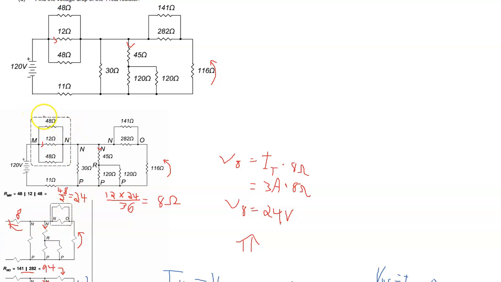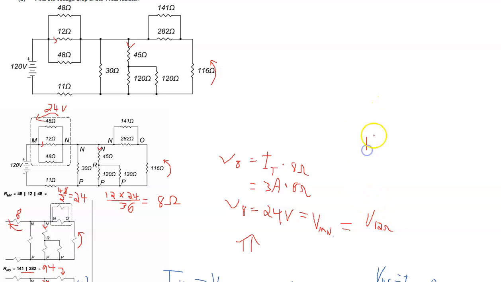So that means that in our original circuit, the voltage drop across that branch between M and N is 24 volts, and so that is VMN, if you want to call it that. But it is indeed the voltage drop across the 12 ohm resistor.